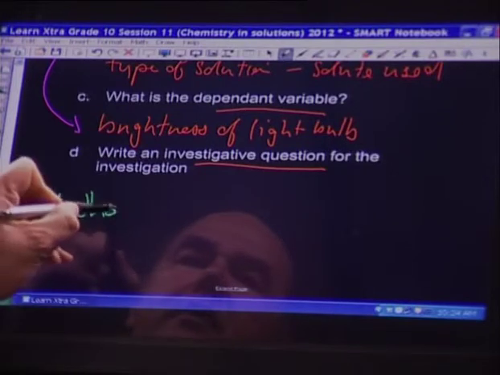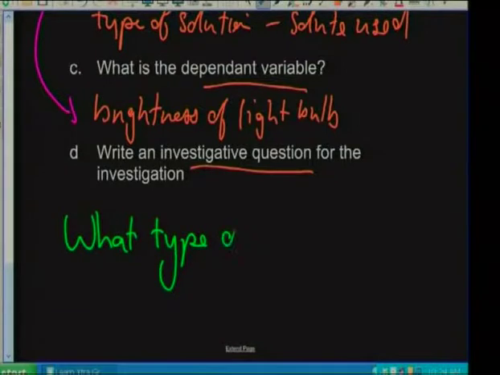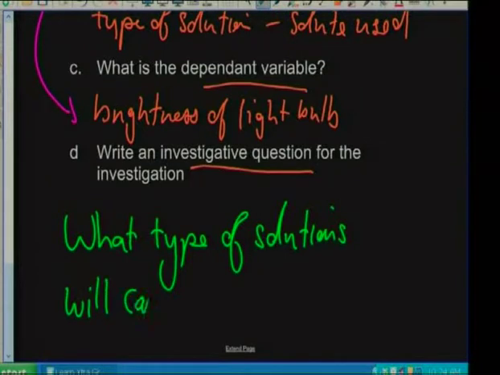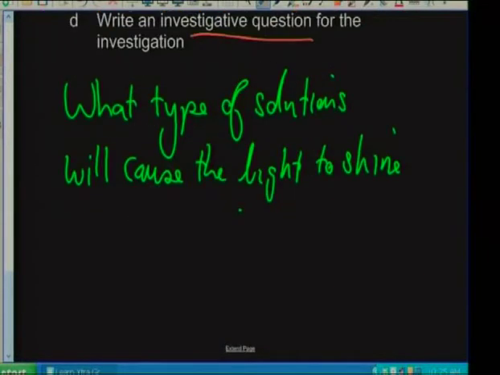What type of solutions will cause the light bulb to shine brightest or dimmest?